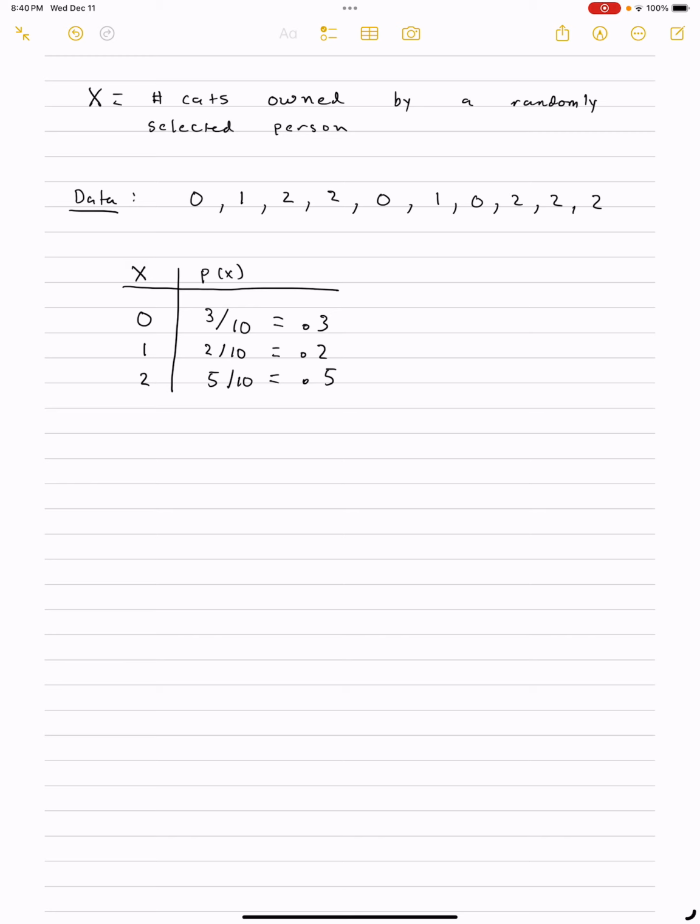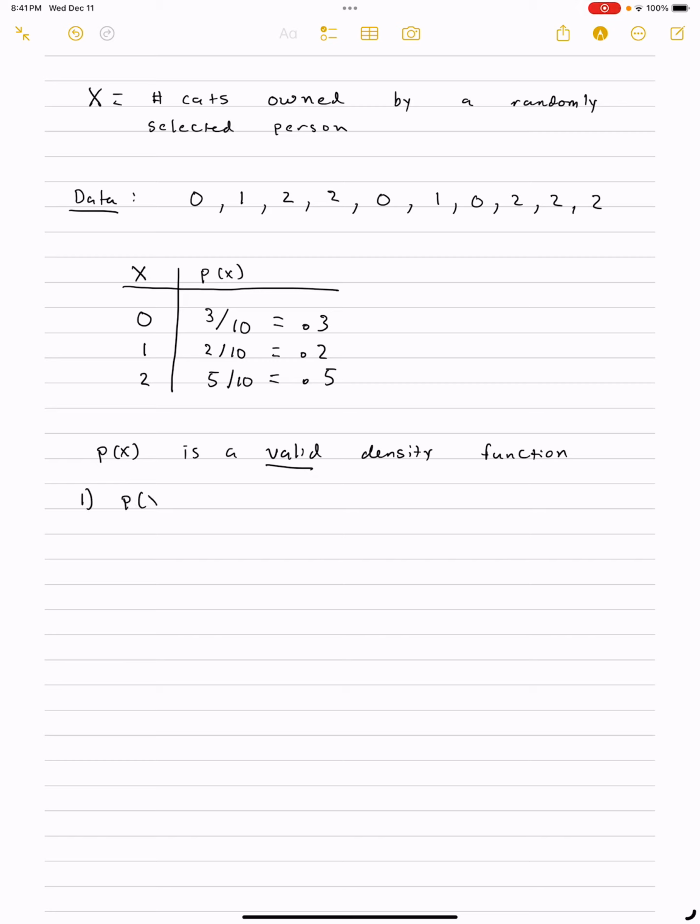The first thing that I'm going to just note is that we have what's called a valid probability density function. So I'm going to tell you that p of x is a valid density function if we have two properties.